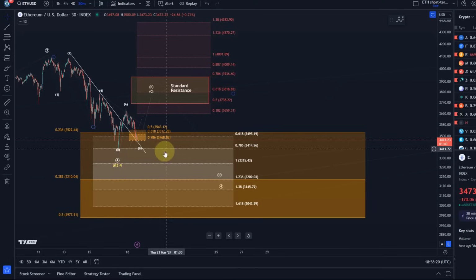That's why we track the microstructures, in order to be able to identify these upside trend changes, these impulses to the upside that could develop from this region at any time. But at the moment, nothing is showing. So the correction is currently expected to go on a little bit longer.